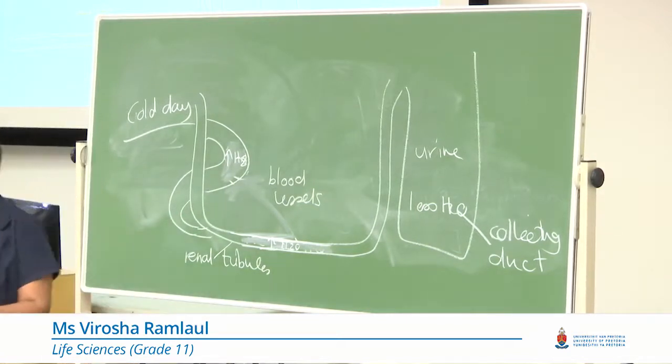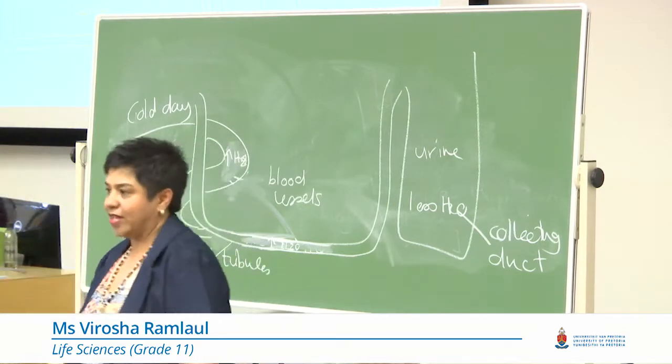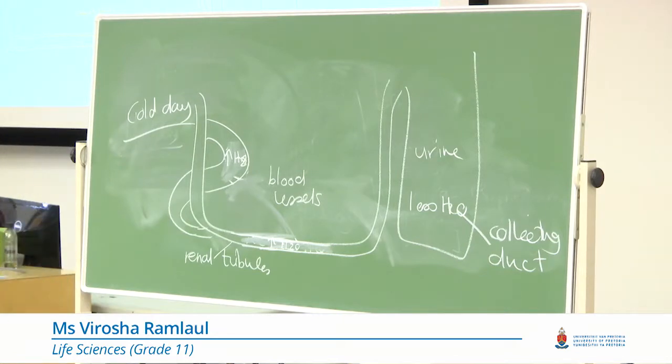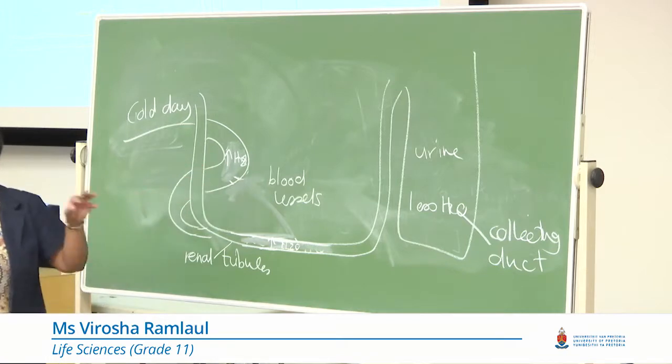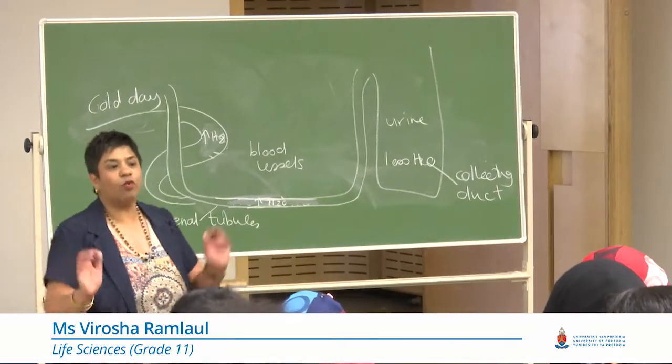On a cold day, we still perspire. We just perspire less. You sweat less. You're less active. You don't lose as much water. And so, in your blood, the blood volume will be high. The osmoreceptors pick up that the blood volume is high, there's enough water in your blood.